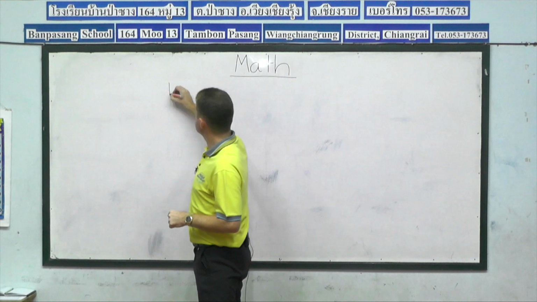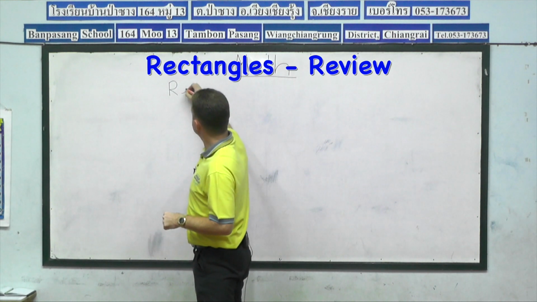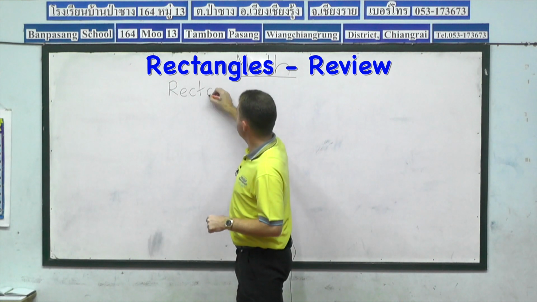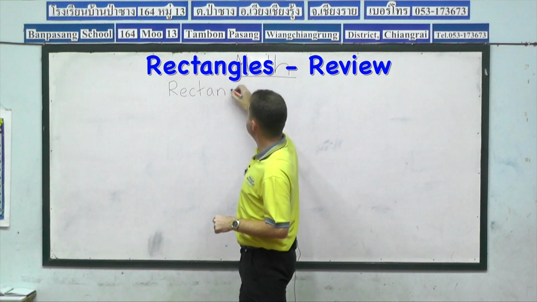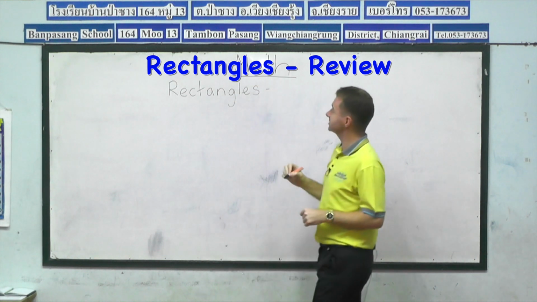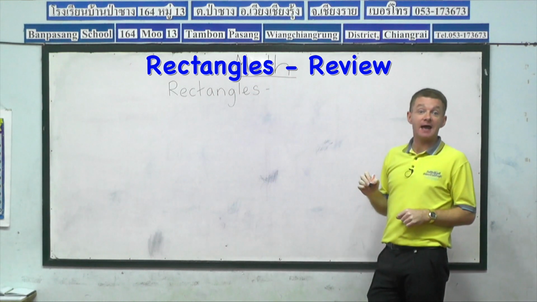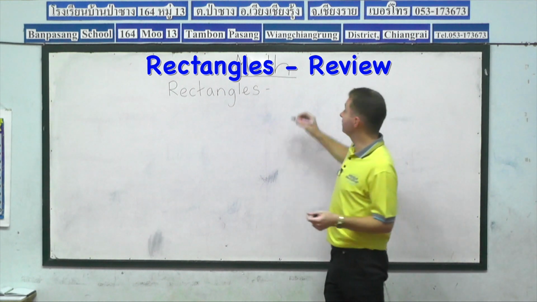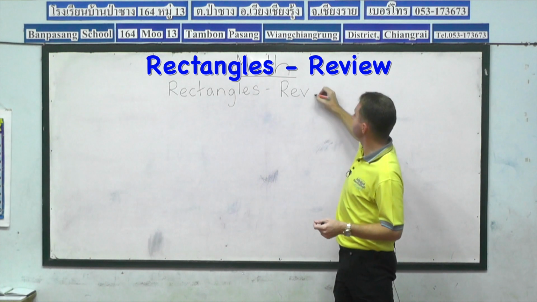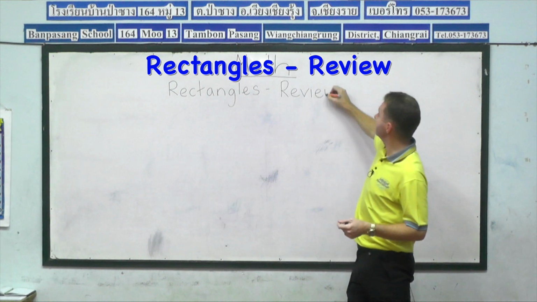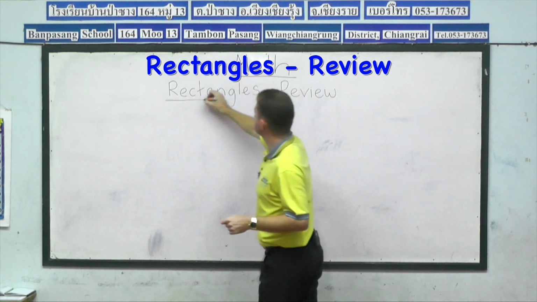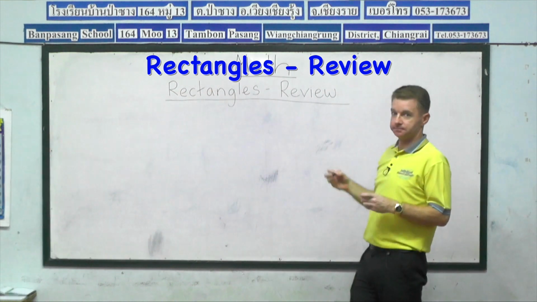So rectangles, R-E-C-T-A-N-G-L-E-S. All together, guys, rectangles. And review, R, E, V, I, E, W. So all together, we can say rectangles, review.